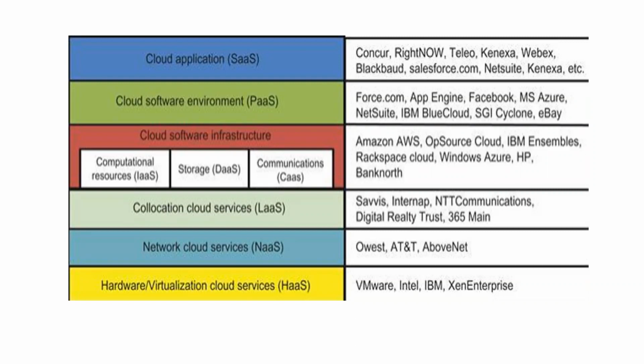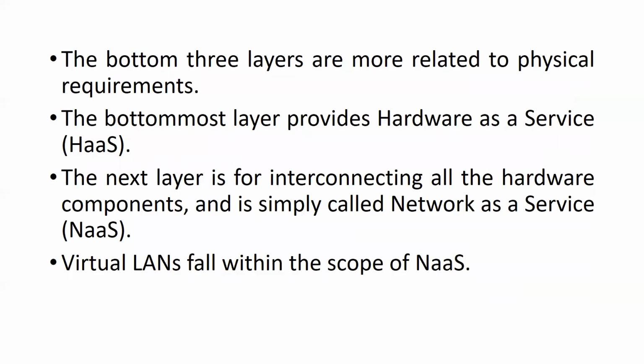The next upper layer is network cloud services, then co-location cloud services, then cloud software infrastructure, then PaaS, that is cloud software environment, and then cloud application SaaS. So shortly, these are called SaaS, PaaS, IaaS, LaaS, NaaS, and HaaS. The companies which are providing these services are given on the right side of the table.